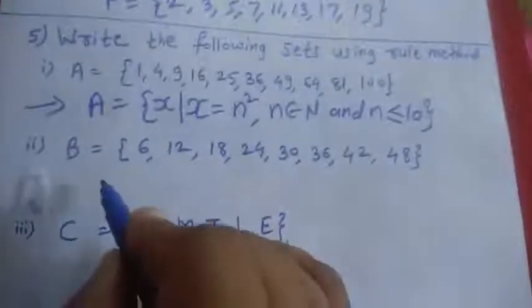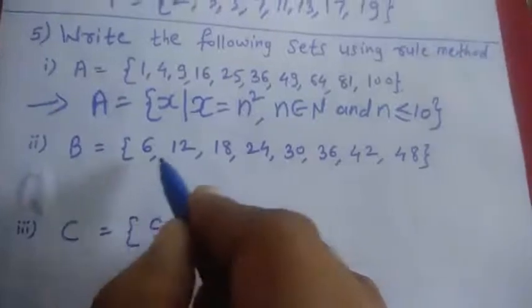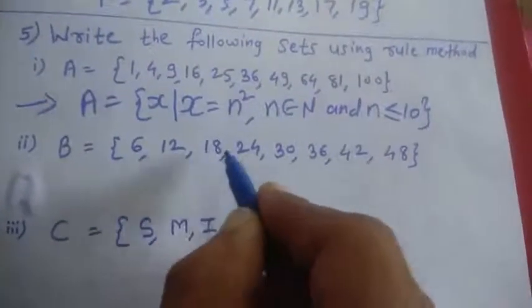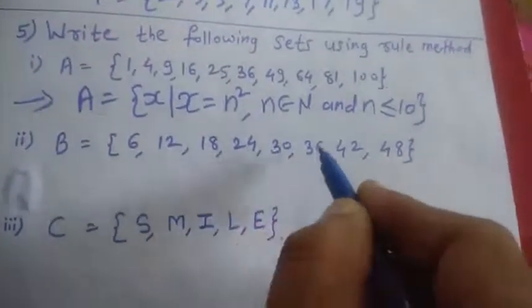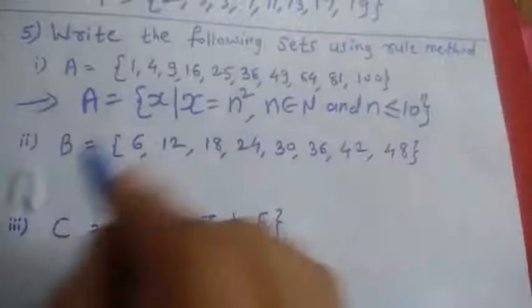Next example, capital B is equal to 6, 12, 18, 24, 30, 36, 42, 48.